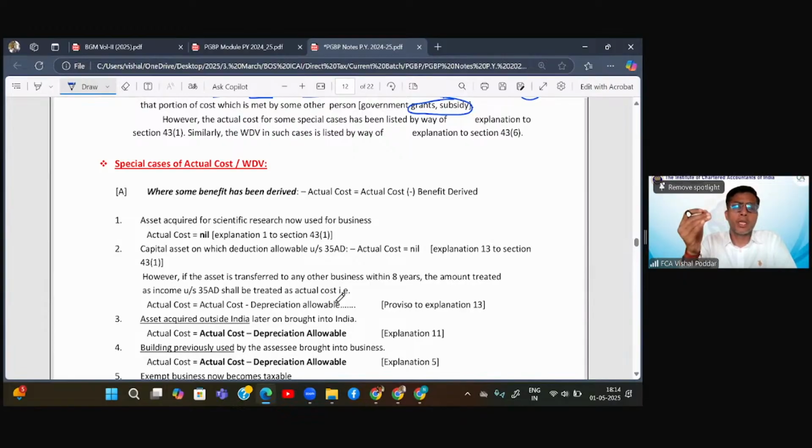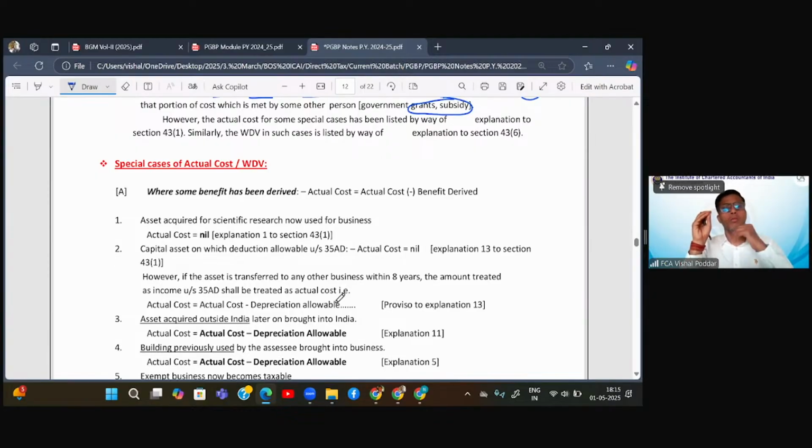Last time also somebody asked me, sir, whether we need to learn this. The answer is the same: you don't need to learn this verbatim, but you need to remember these provisions. That is why I'm trying to give you the logic of these provisions, because this will be required when you are answering MCQ type of questions.